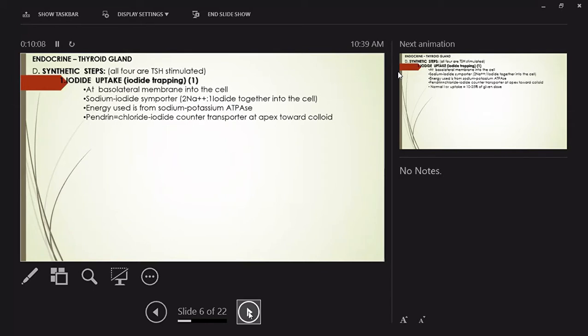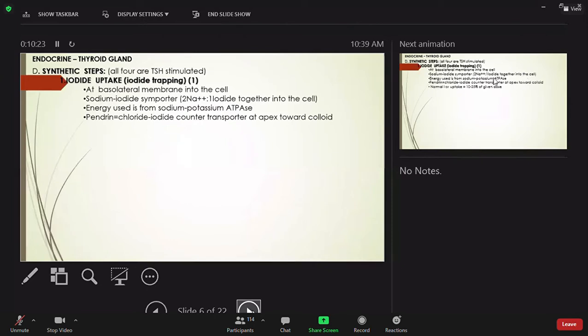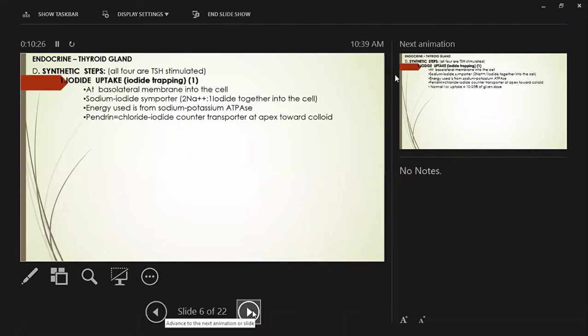So it's already in the apex of the cell. Because this is one component of your thyroid hormone. Okay. So chloride iodine counter transport. Pendrin, okay, participates in the transport of iodine towards the colloid.